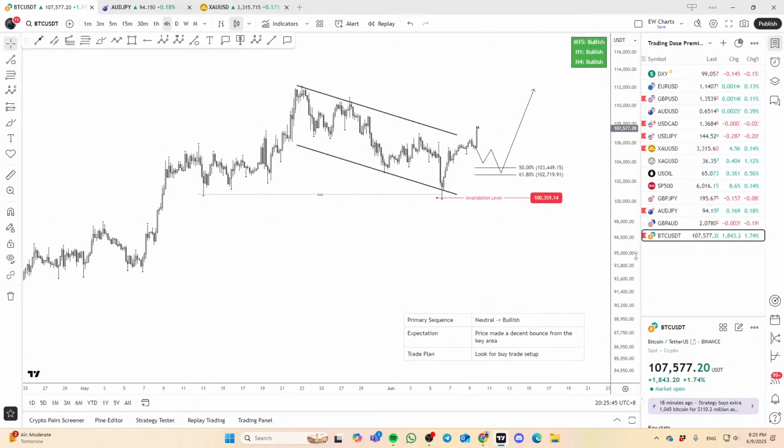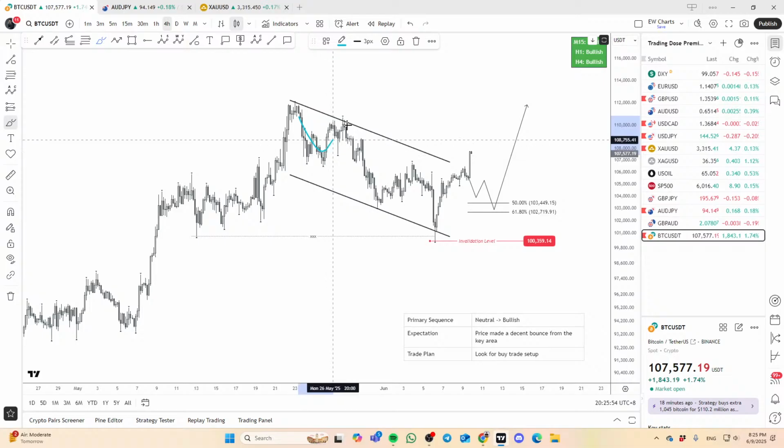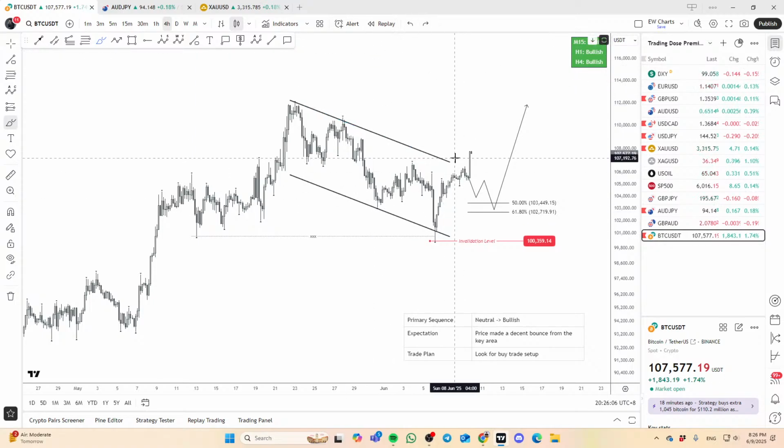BTC. I think BTC is quite clean, right? From this angle, internally, if you count it, there's like 1, 2, 3, 4, 5. But to me, I think this entire part is pretty much a corrective development. So what I'll be expecting is upside.